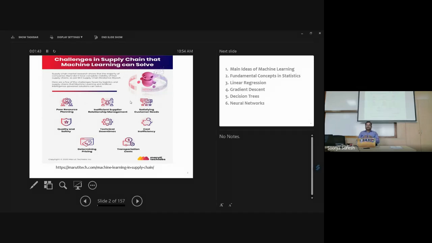So how to overcome poor resource prediction. Ultimately, the aim of machine learning or deep learning techniques is, from the past data, how to predict the future. For that, which are all the various techniques we can use, especially we are using machine learning techniques.